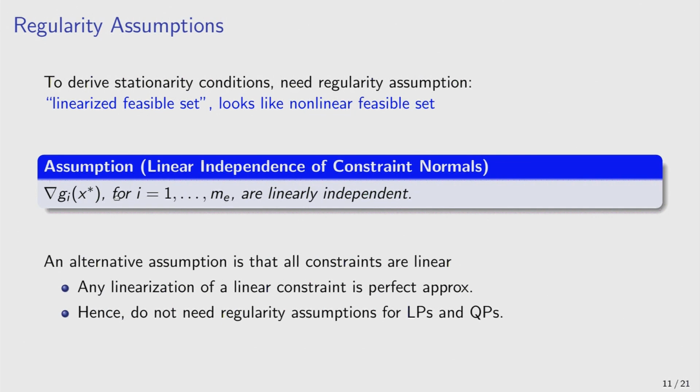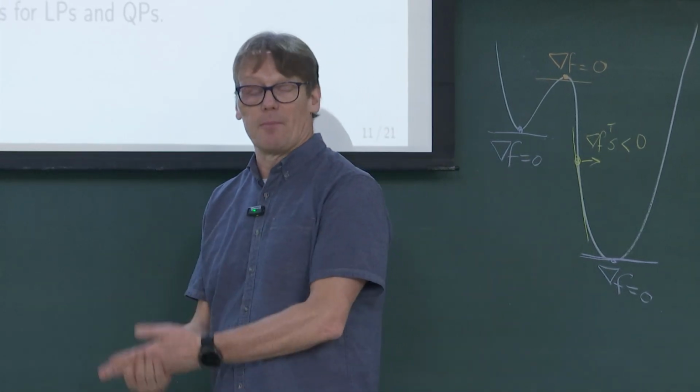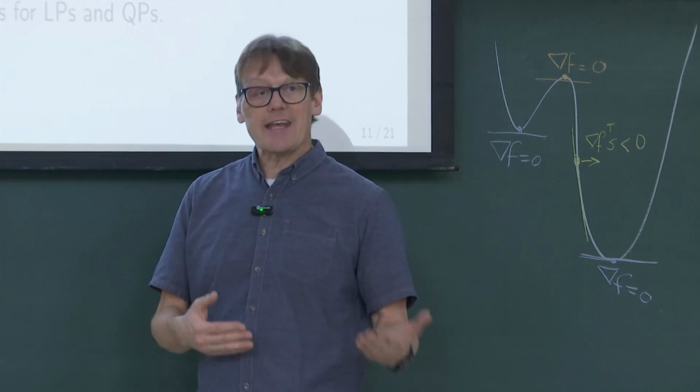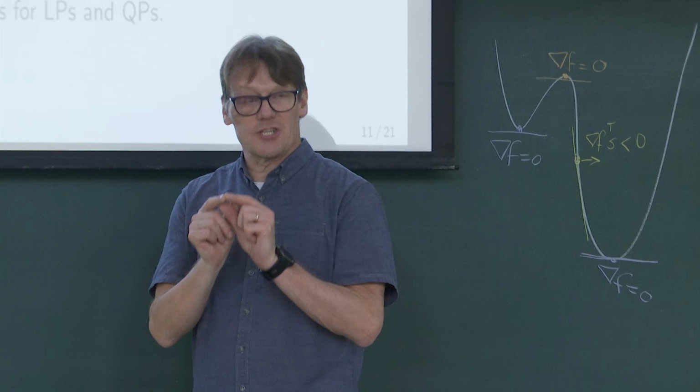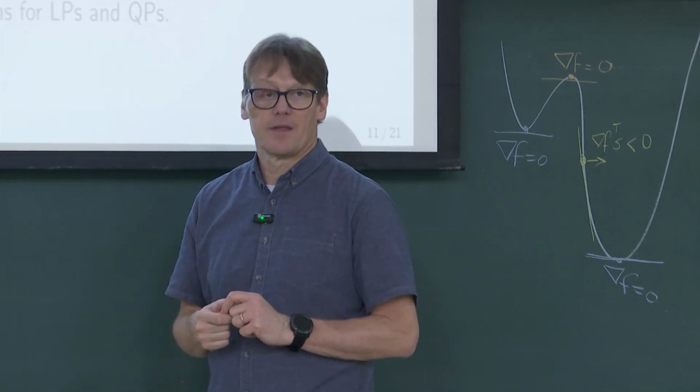Now, when we want to derive stationarity conditions, we need a regularity assumption, and these are called constraint qualifications. The easiest way to think of a constraint qualification is that they imply that locally the problem looks like a linear problem. So the constraints locally in a small neighborhood of your point look just like linear constraints.